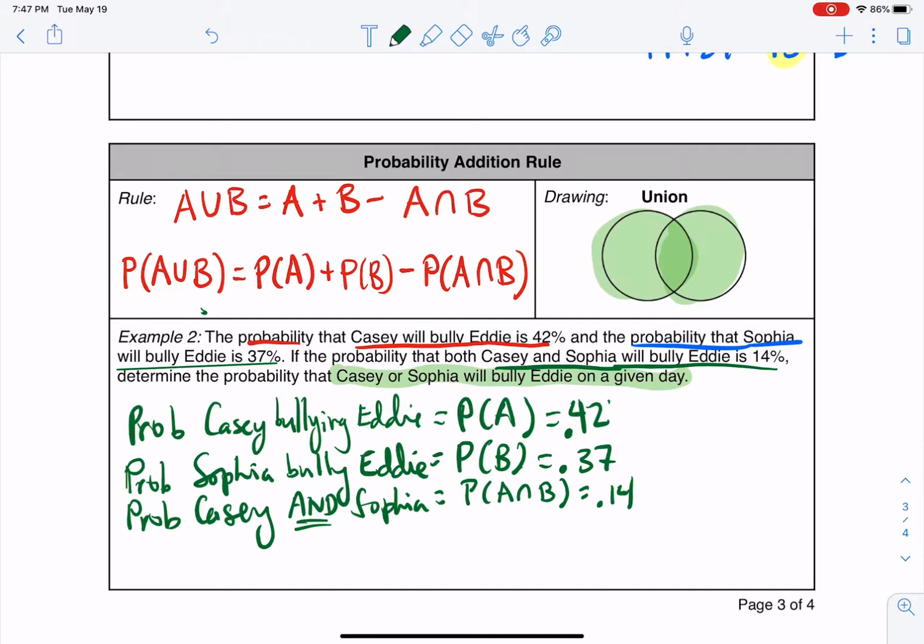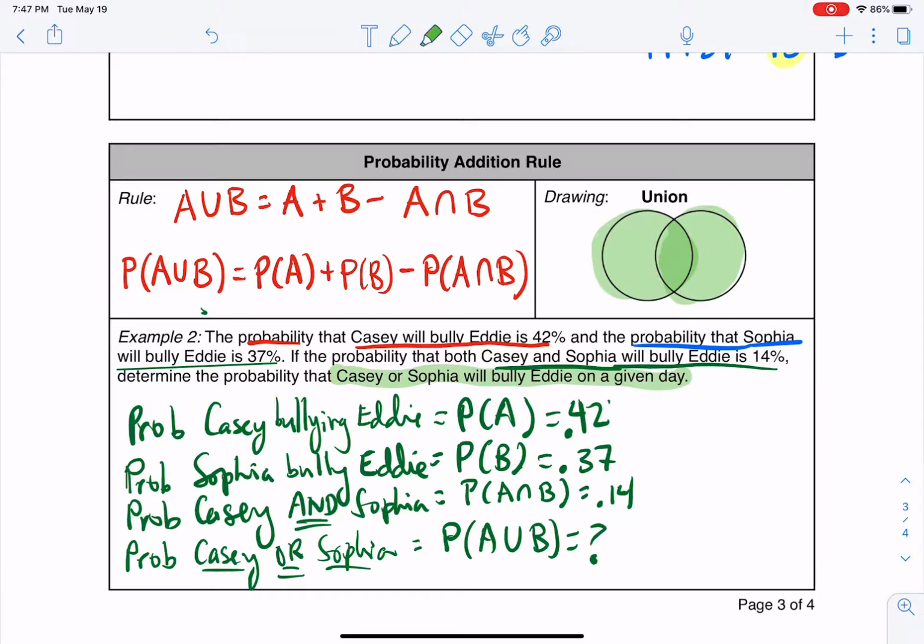And what we want to know here is the probability that Casey or Sophia will be bullying Eddie. That or clues us in that we're looking for the union of those two, and we don't know what that is.